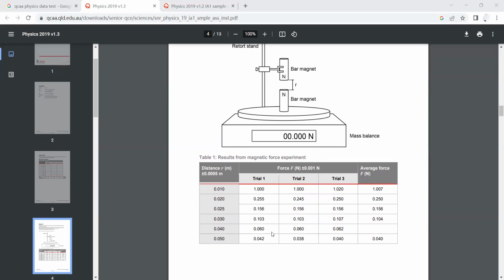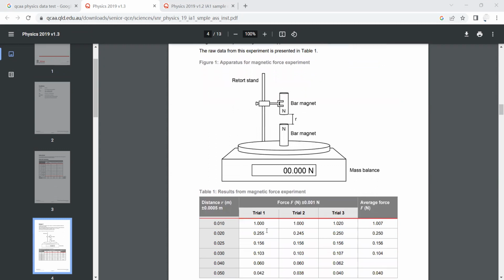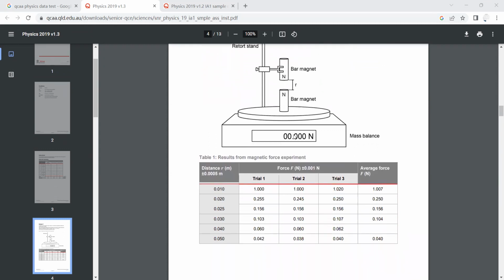And why does the force become smaller? And how did they obtain this force? From reading here, there's force in Newton from the mass balance. Is this force in Newton the same as the reading here? Both of them have three decimal places, so it looks like they may be the same.